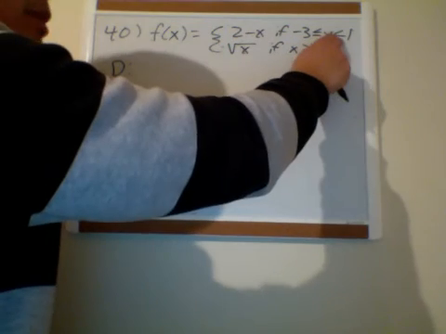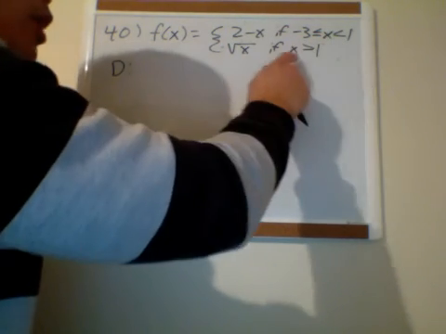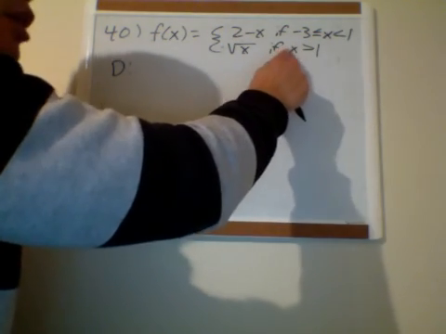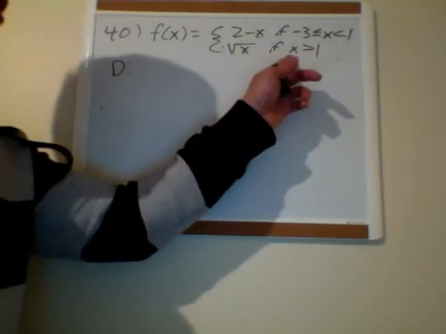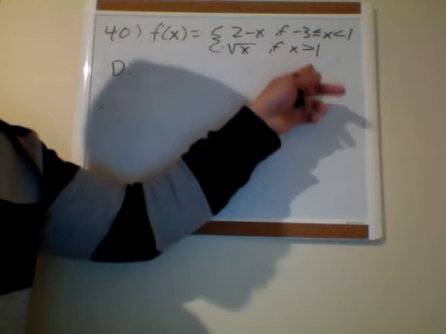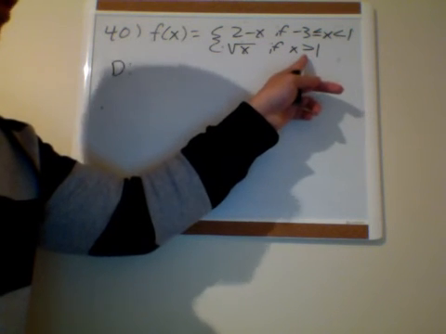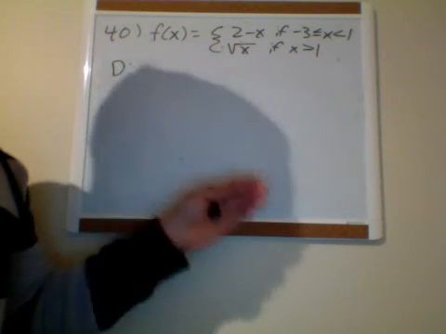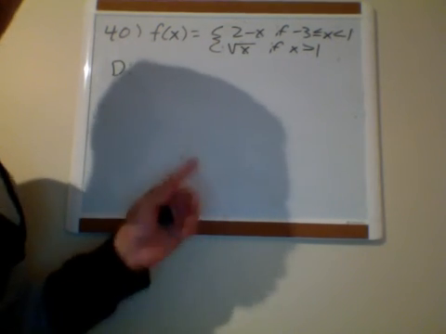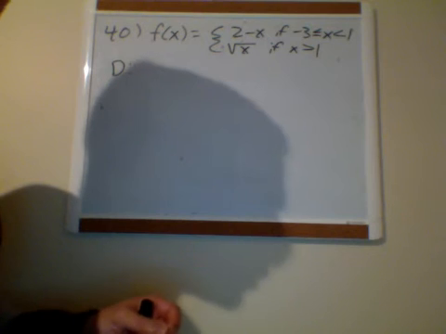The top one stops at 1, and it doesn't contain a value for 1. And the bottom part of the function starts at 1. Well, it doesn't really start at 1. It starts evaluating after 1. But x equals 1 is not included in the bottom part. So at x is equal to 1, there is no value for our function.